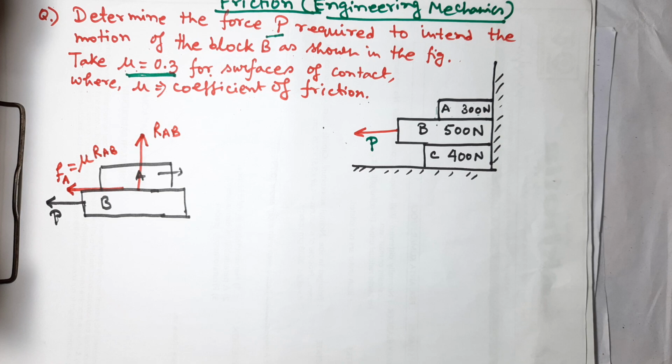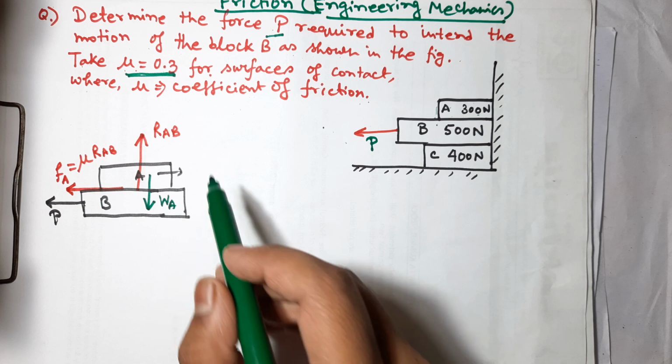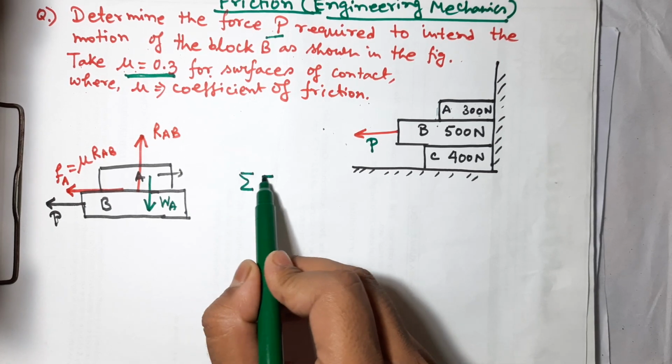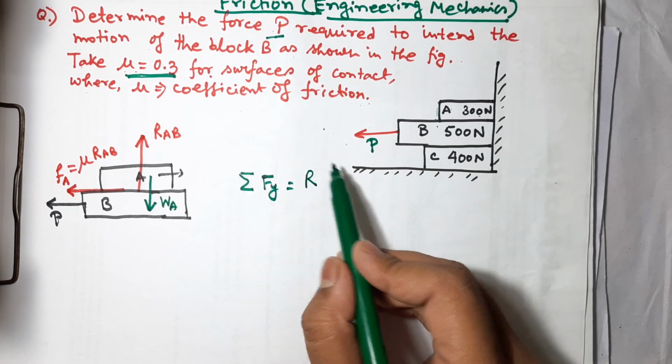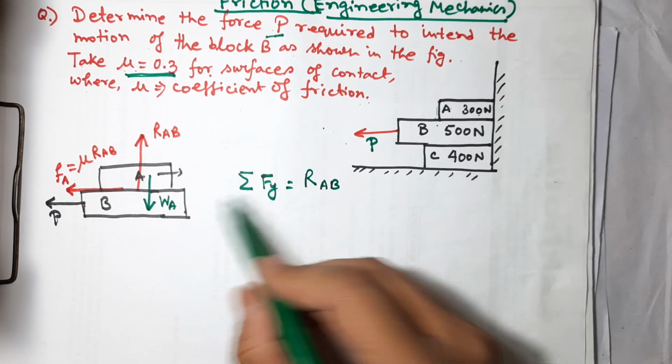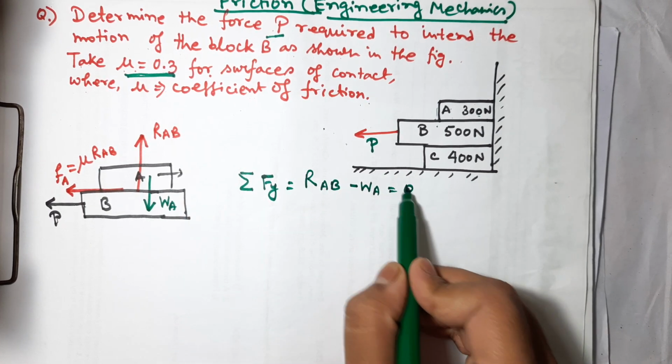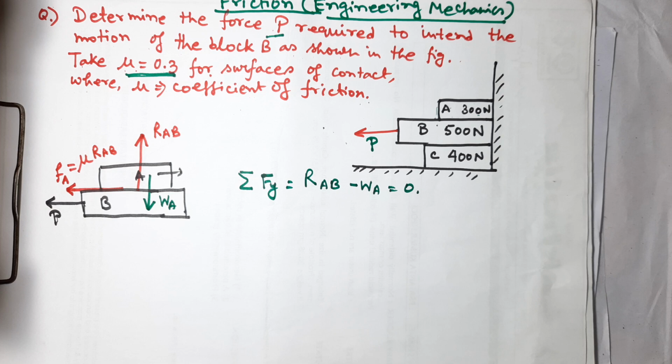Next, another one is the weight of the A block, which is WA. So if you understood this, I can write the net force along the A block, that is Fy: RAB minus WA is equal to 0.